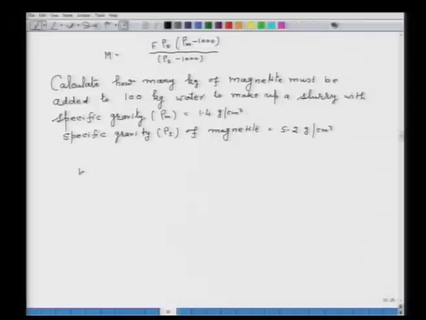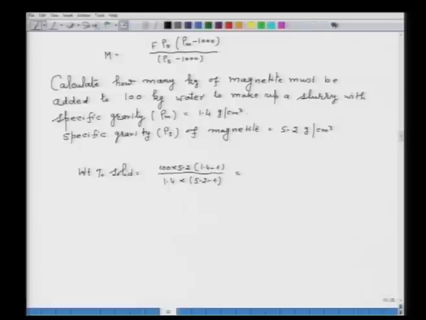Now, weight percent solid we can straightaway find out. Weight percent solid will be equal to 100 into 5.2 into 1.4 minus 1 upon 1.4 into 5.2 minus 1.